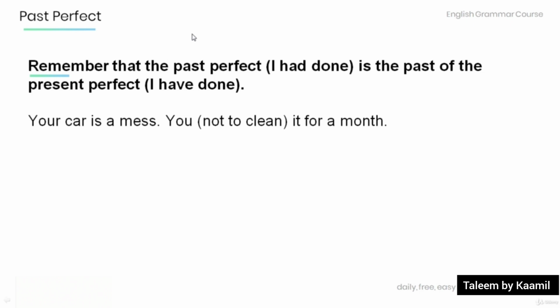Also remember that the past perfect "I had done" is the past of the present perfect "I have done." Now read the sentence below and provide the present perfect form of the words in the bracket. Your car is a mess. You not to clean it for a month.